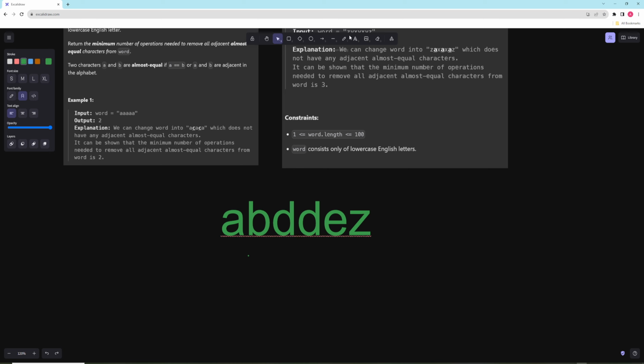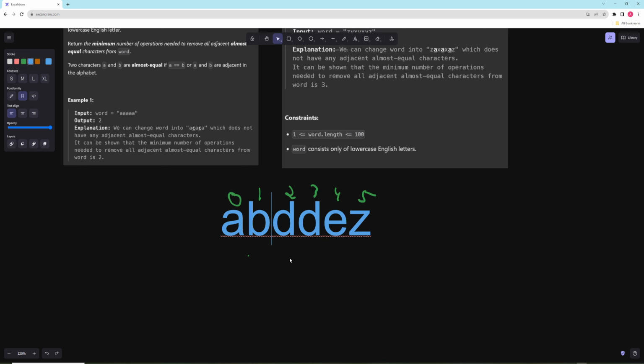Let's index these: index 0, 1, 2, 3, 4, 5. If this is a problem, if we change this, we can solve this problem and this problem at the same time, whereas if we change the one on the left, we're only solving one of them. So whenever there is an error, you always want to change the second character.